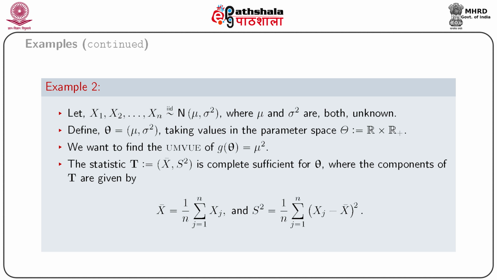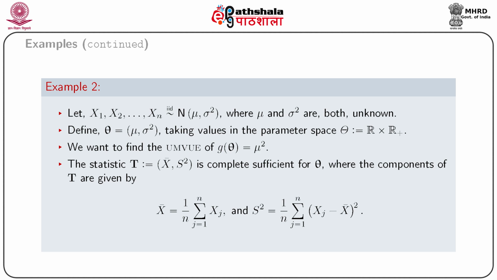Let us write theta equals (mu, sigma square). Then the parameter space is the Cartesian product of R and R plus. Suppose we want to find the UMVUE of g(theta) equals theta square.